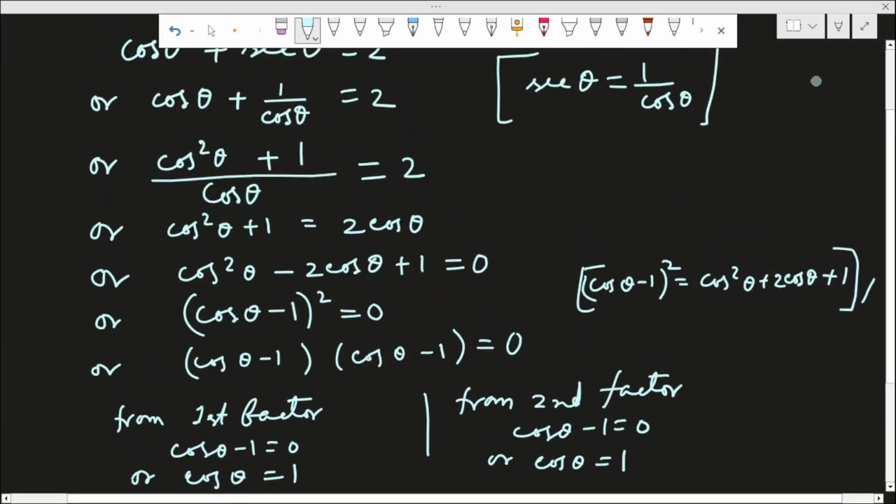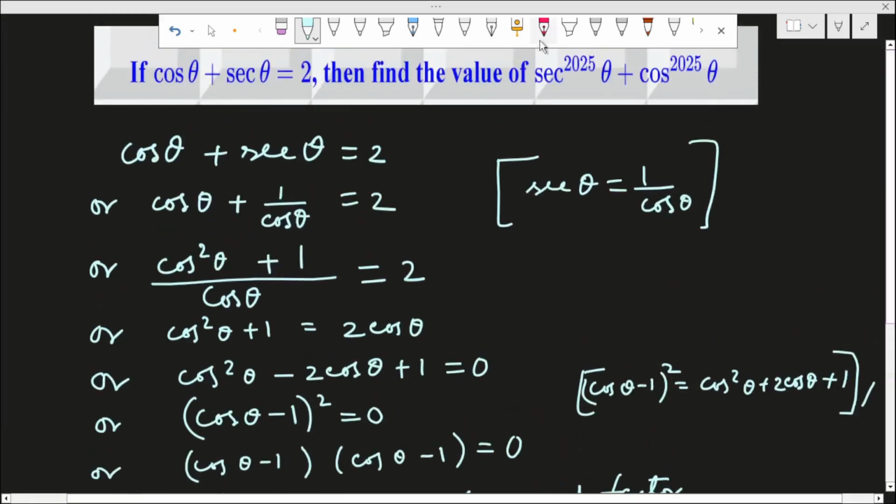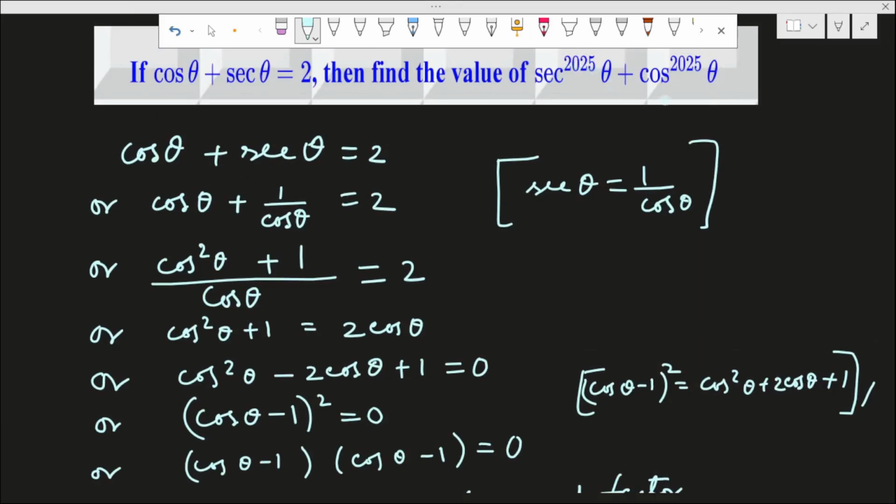What is the given expression? Sec to the power 2025 theta plus cos to the power 2025 theta.